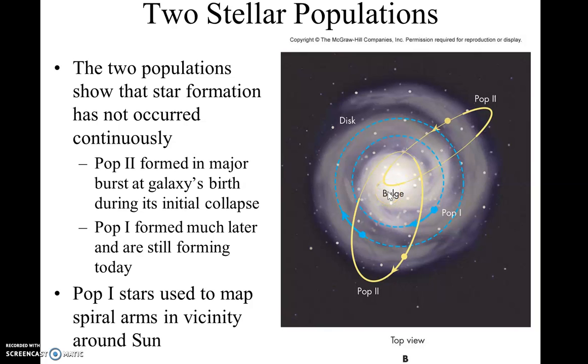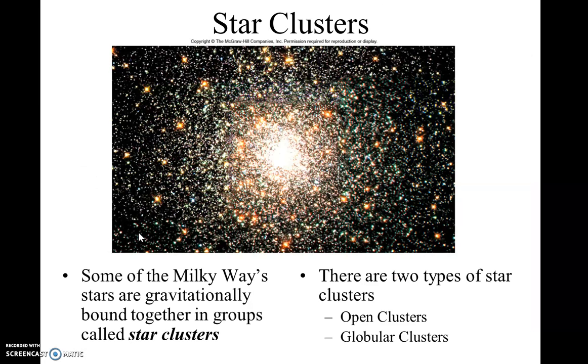The next generation of stars will have a higher percentage of metals, and then eventually you get down to about 2% metals, and that's what population 1 stars are now.